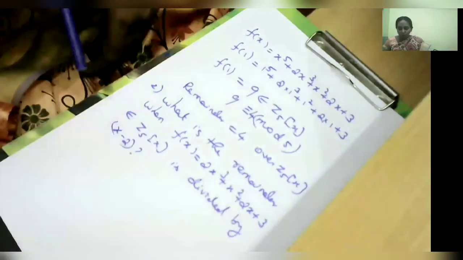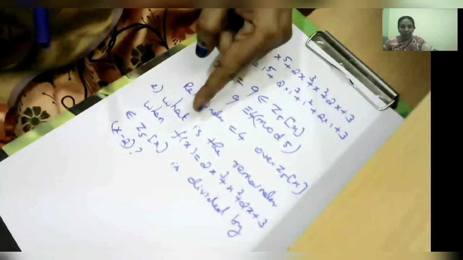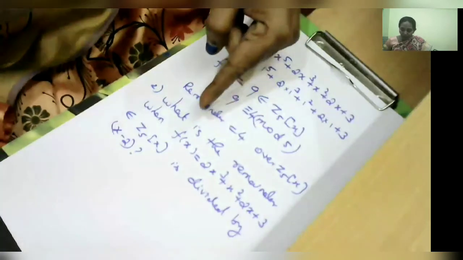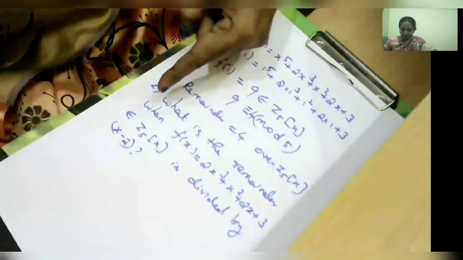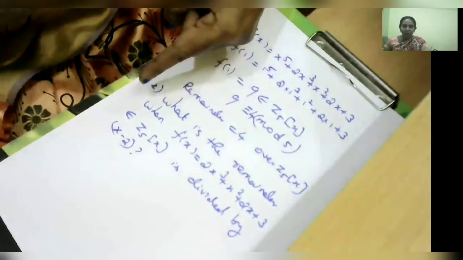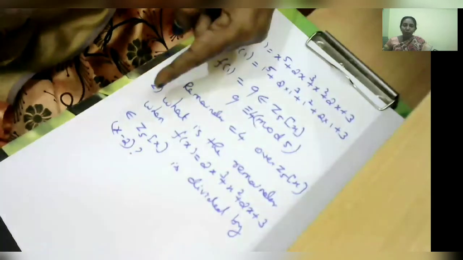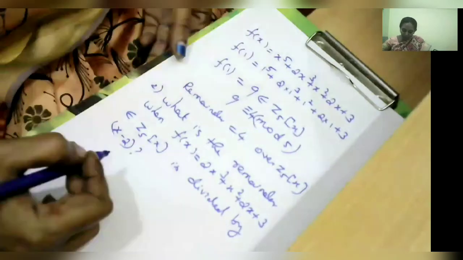So here also one polynomial is given, f(x) equal to 2x cubed plus x square plus 2x plus 3, the finite field is Z5, and the factor x minus 2 is given. We are going to divide the given polynomial by x minus 2. We are going to calculate the remainder. What is the remainder of the polynomial?